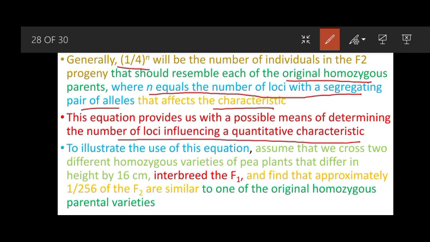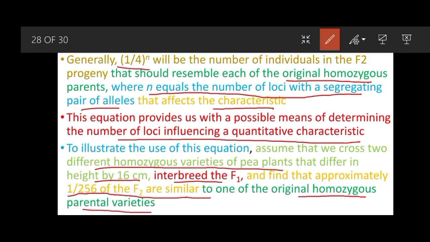For example, assume that we cross two different homozygous varieties of pea plants that differ in height by 16 centimeters. When F1 are interbred, we find that approximately 1 by 256 of the F2 are similar to one of the original parental varieties.